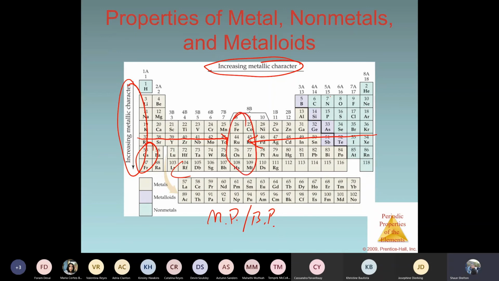So these elements right here have the highest melting points and boiling points. Okay, so that's not something that you're going to see stated explicitly in this PowerPoint. It's something that I'm telling you explicitly. So you need to remember that. You need to write notes of that.